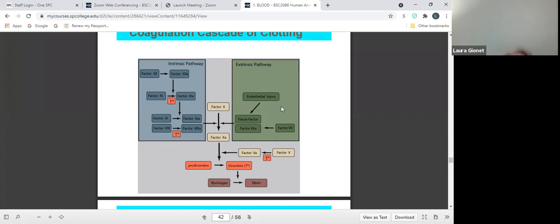So it begins with some kind of endothelial injury. And then you have what's called the tissue factor, and we use what's called factor 7 to start this pathway of coagulation.